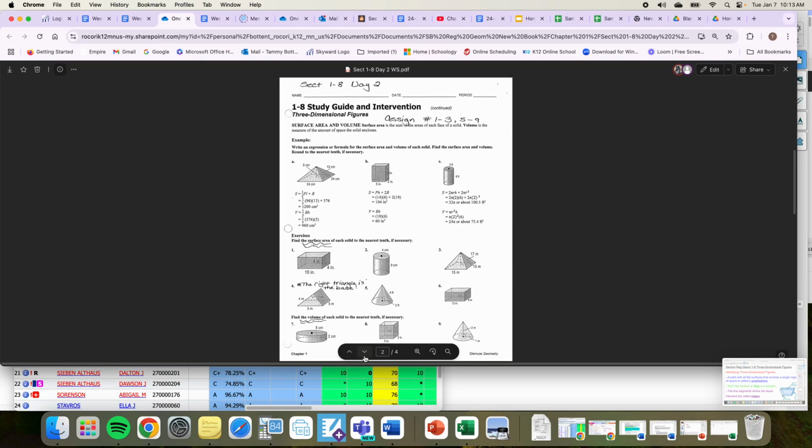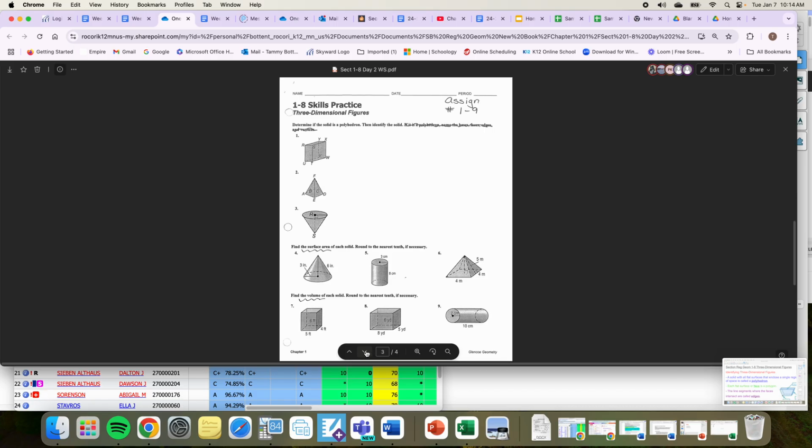But, let's see. Oh, here's the thing. Sometimes on these, they don't ask you to find surface area and volume. Like, do you notice on the second page, the top 6, you only have to find surface area, and the bottom 3, you only have to find volume. So in our examples, we found both all the time, but sometimes you don't have to do both.